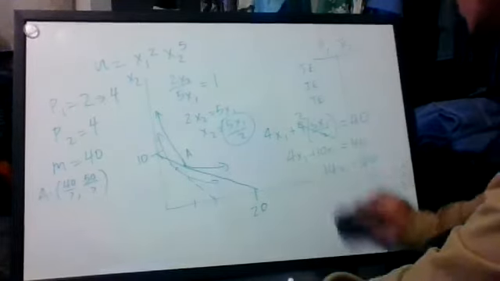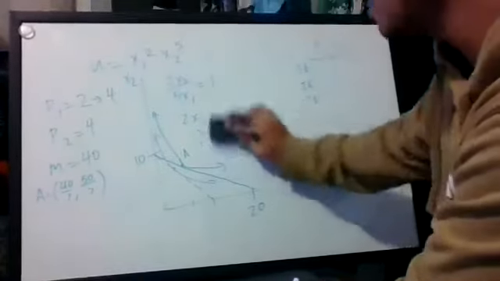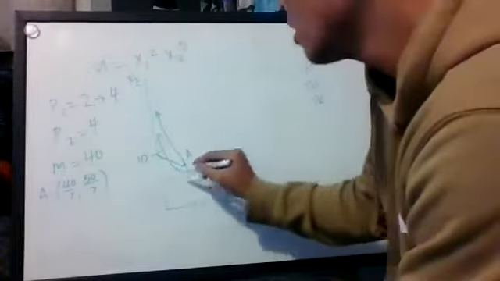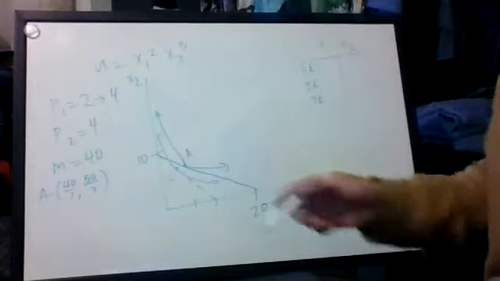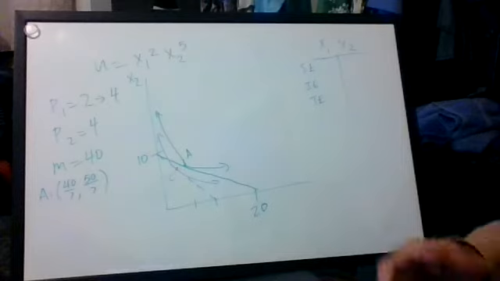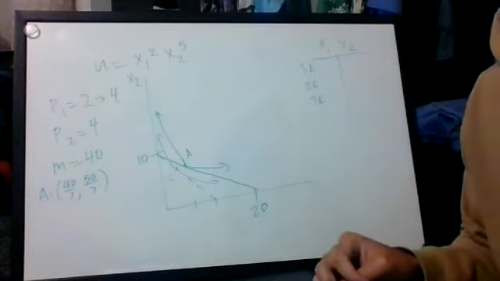Okay. So we found what point A and point C are, but finding point B is what's really going to be a bit challenging, right? So we know that the utility at point A has to be equal to the utility at point B, right? And that the slope at point B has to be equal to the slope at point C, right?